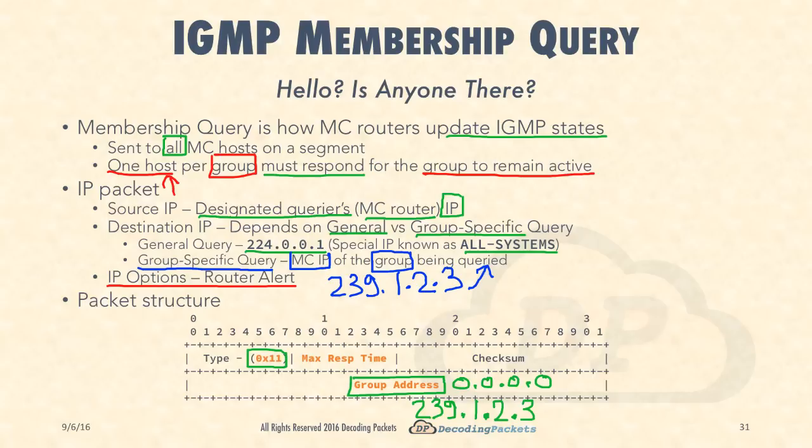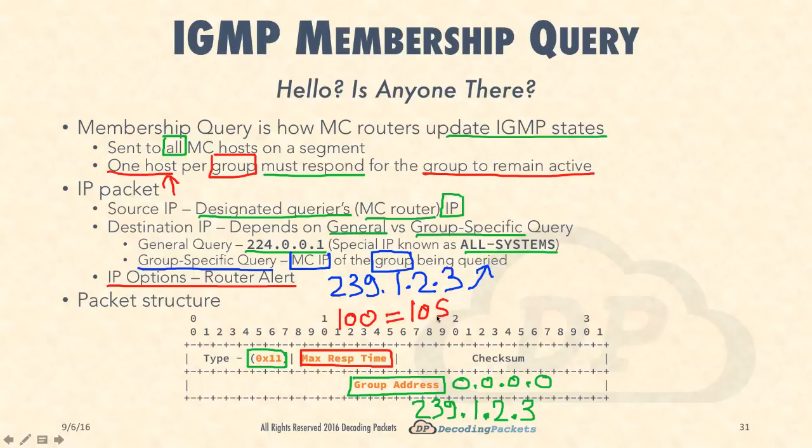The field that is more important here is the max response time. This time the field is populated with something finite, usually a number in tenths of seconds. So if this field says, I don't know, 100, that equates to about 10 seconds.